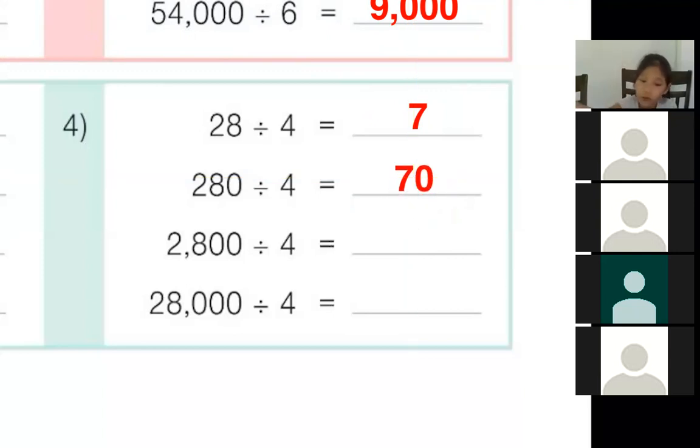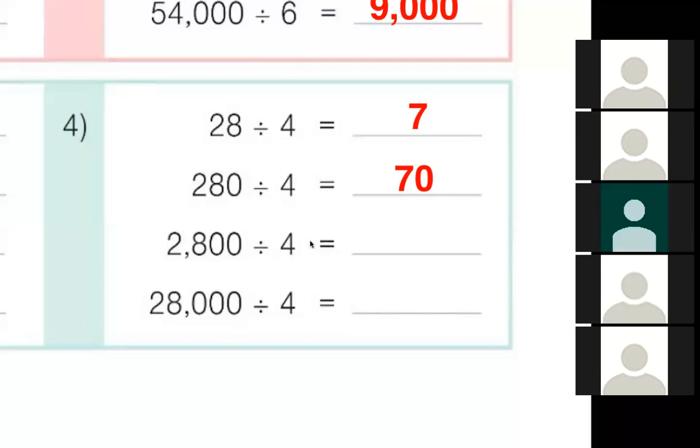Okay, great. So next, Niall, please read. Niall, number 9. Are you here? Yes. Please read the next one. 2,800 divided by 4 is 700. Good job.